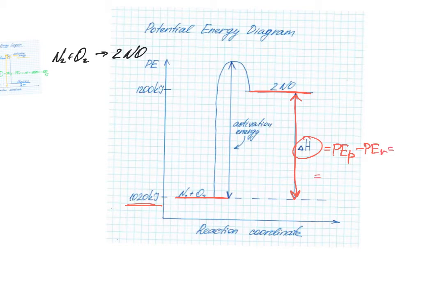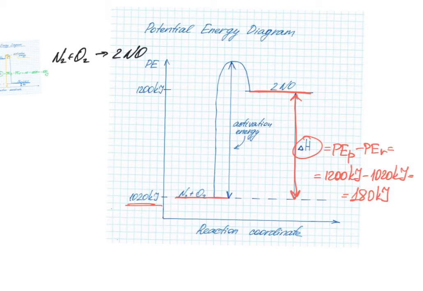So we're talking about 1200 kilojoules minus 1020 kilojoules, 180 kilojoules. The number is positive.